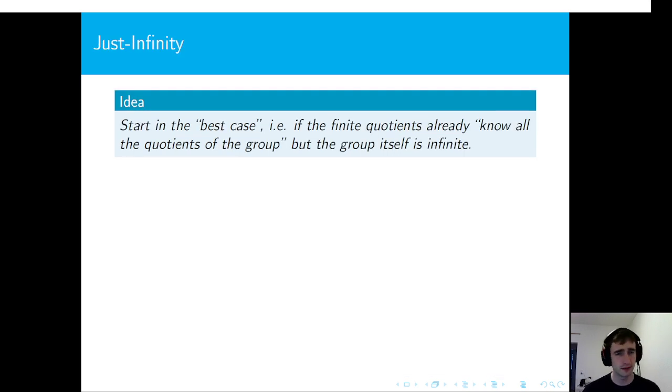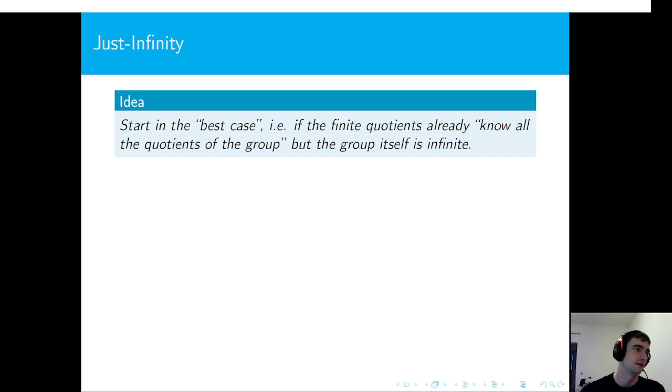So our idea was, what's the ideal case for this? In what case would you really expect this to be true? The best case would be that the group is infinite, because about finite groups we know enough, and we want all the finite quotients to know all the quotients they can know.